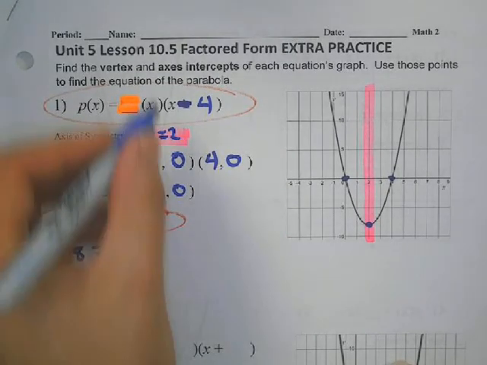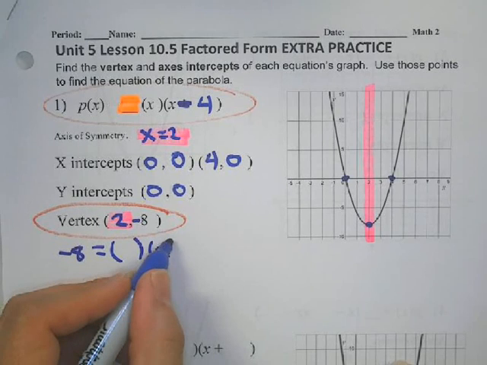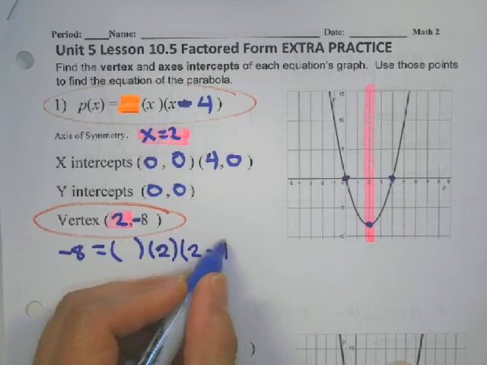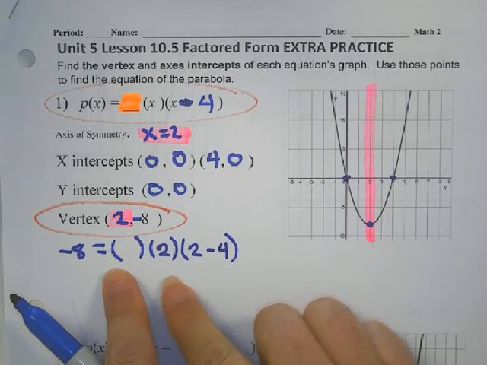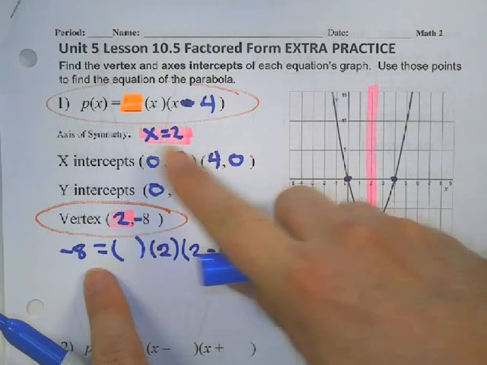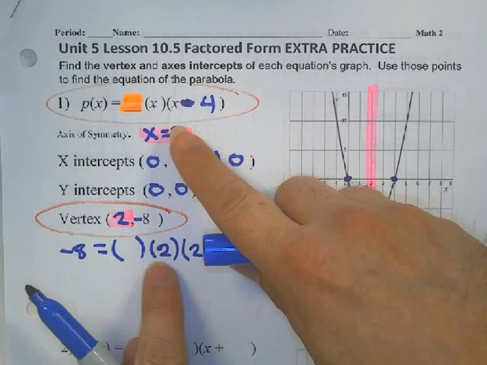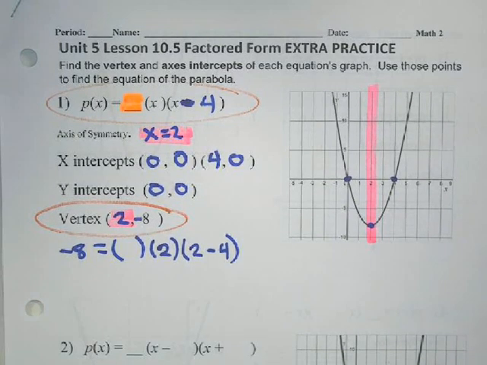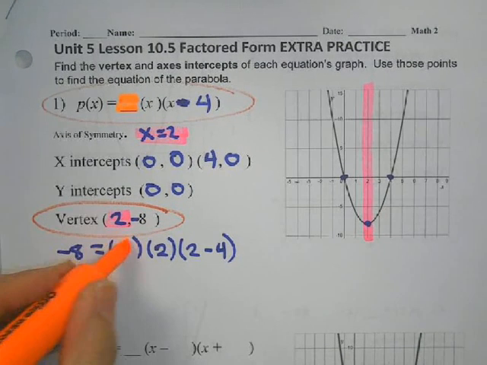Instead of x, I'm going to plug in 2. Okay, so this is the same equation as we have up here, except I replaced y, or p of x, with negative 8, and I've replaced x with 2. Okay, and this is the orange value that we are looking for.